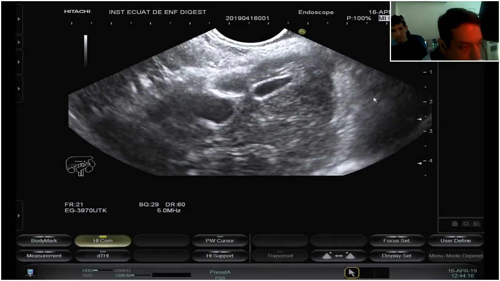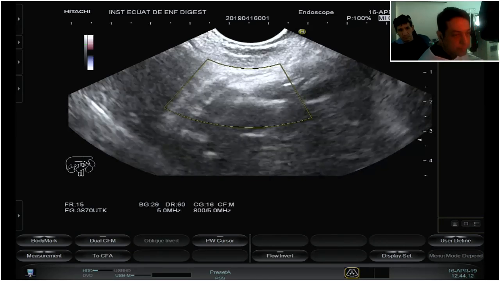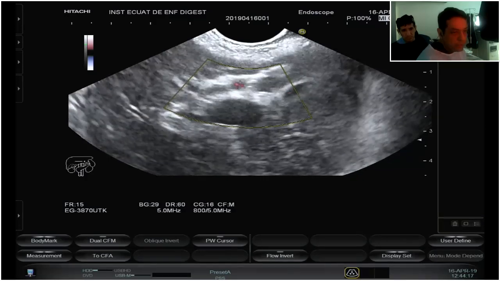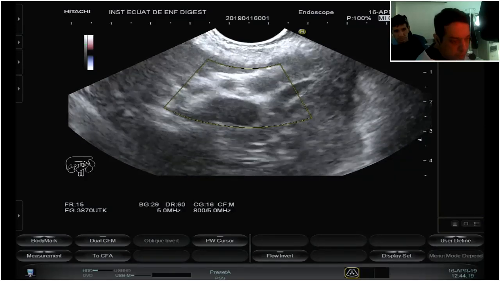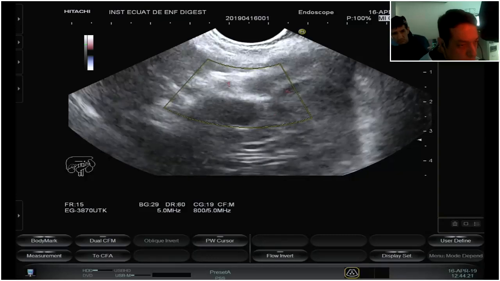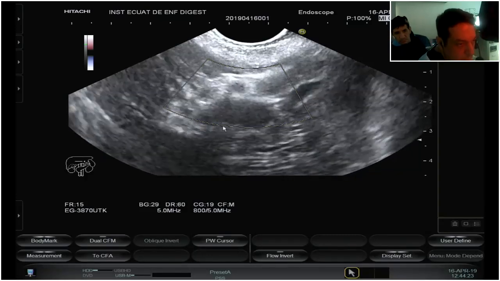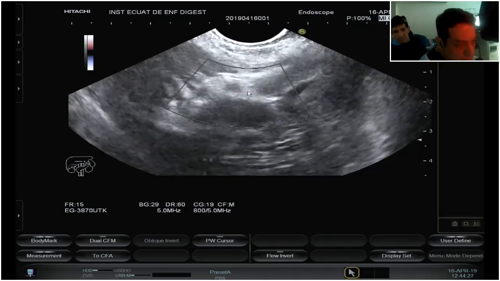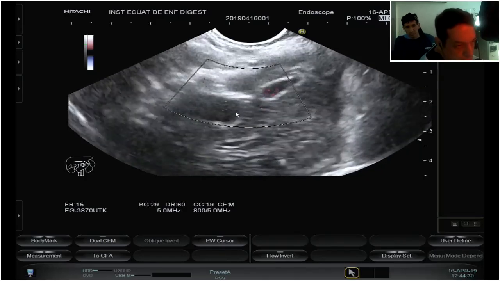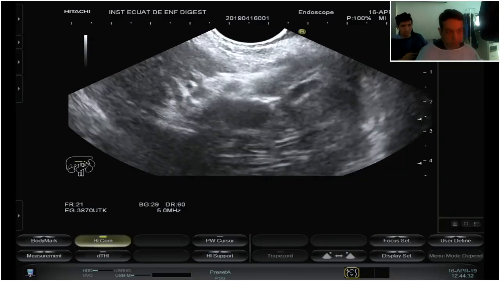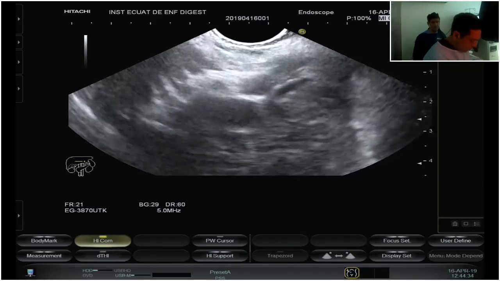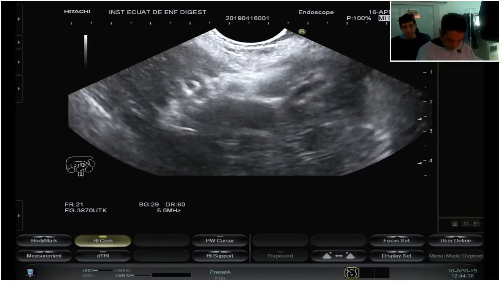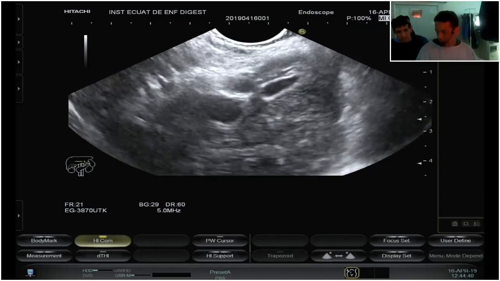So first, I am here at the level of the stomach, transgastric. You see here there is a dilation, so there is no flow here, and this is the intrahepatic biliary tract that I will try to reach. So I will use a 19 gauge needle. You can use a normal needle.